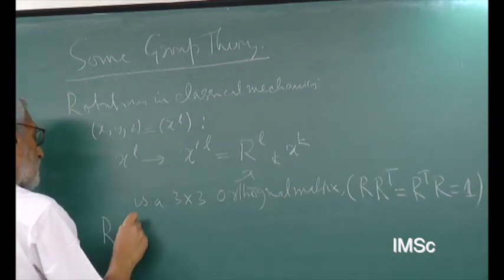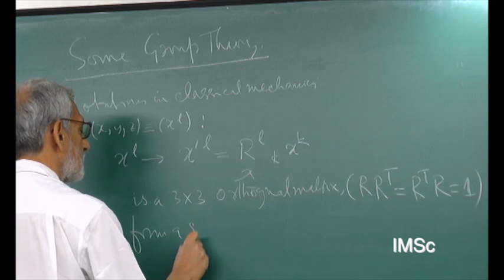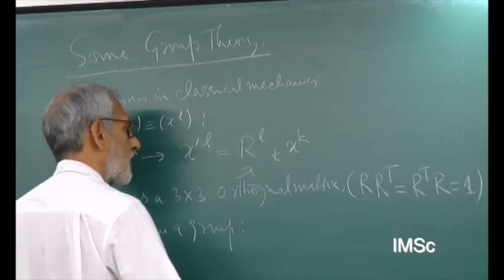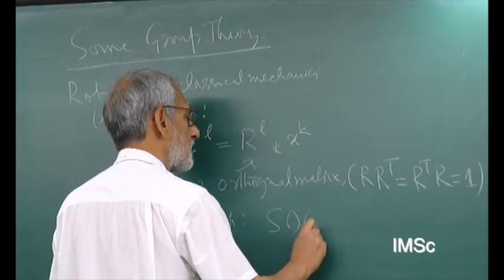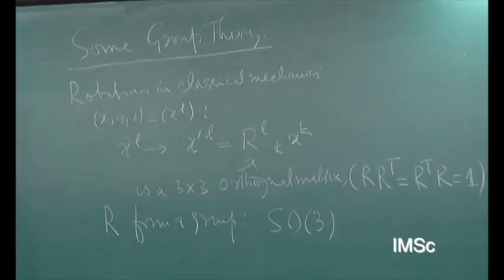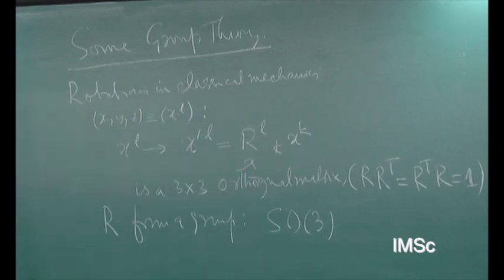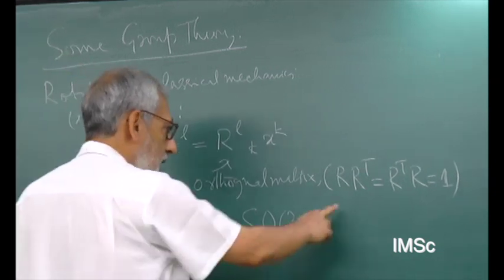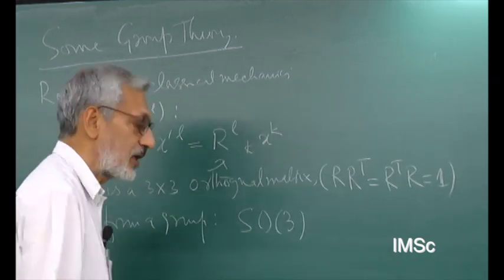So R form a group, and the name of that group is SO(3). And these R contain 3 parameters.